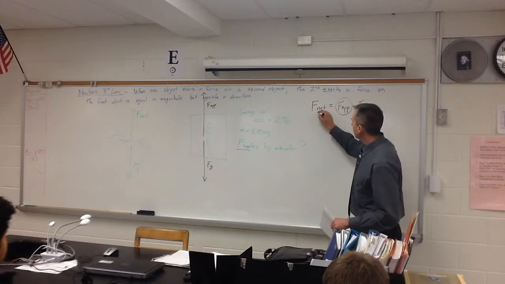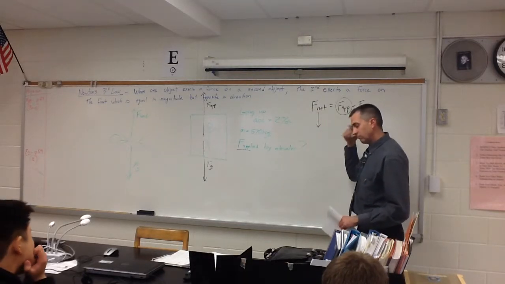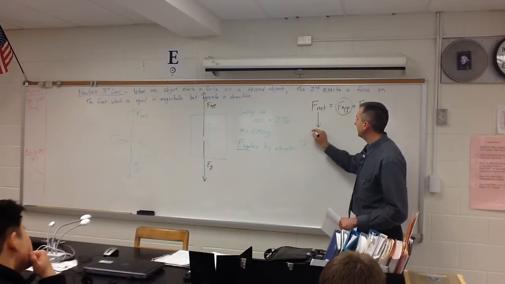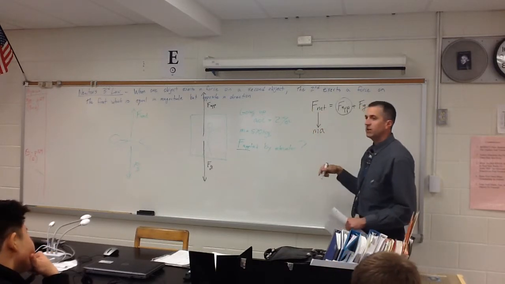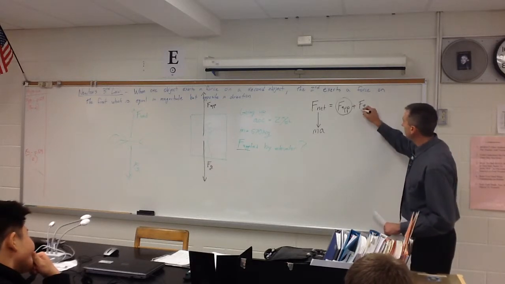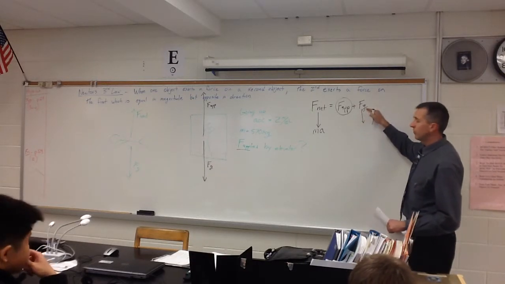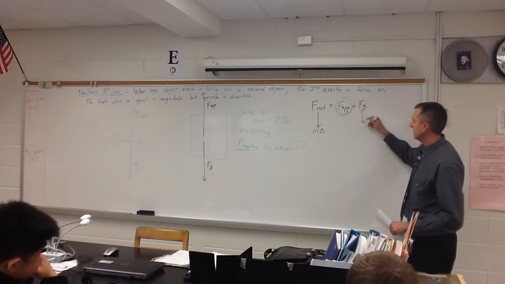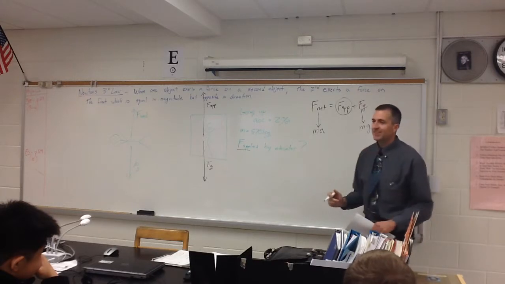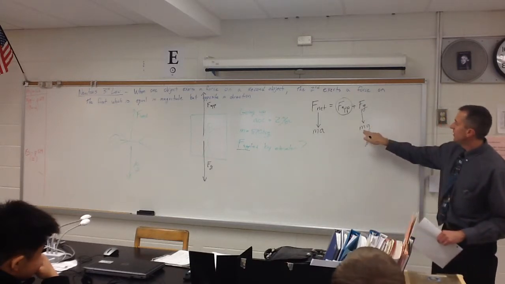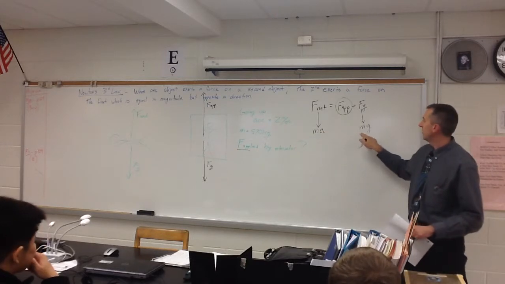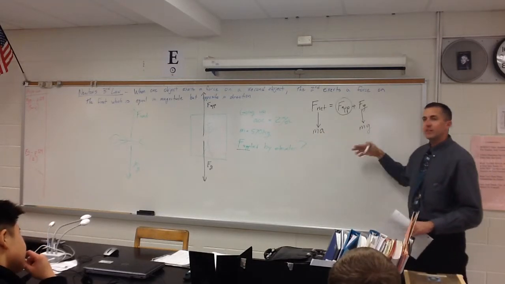Now I need to remind myself, just bring it back to the forefront of your mind here, that F net is the same as mass times acceleration. That was from Newton's second law. And I also want to bring to the forefront that the force of gravity, the weight, is the same as mass times acceleration of gravity. And so this equation and this equation both appear in the reference table, and we can actually now solve the problem.